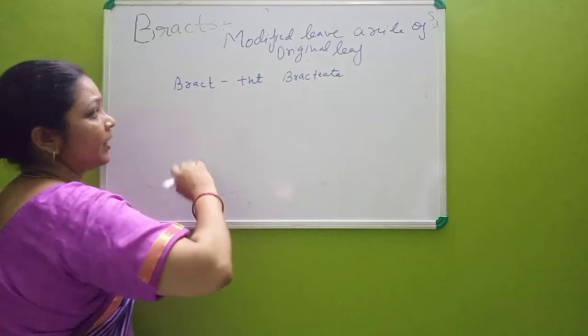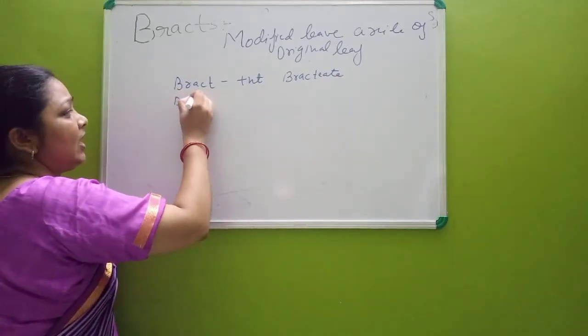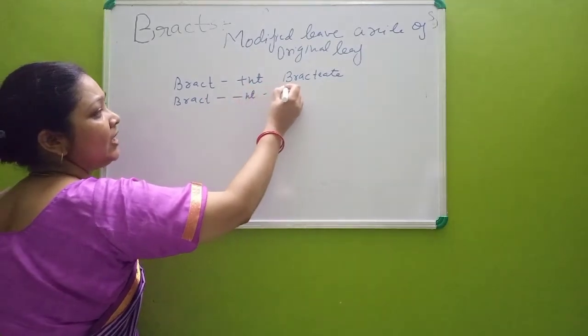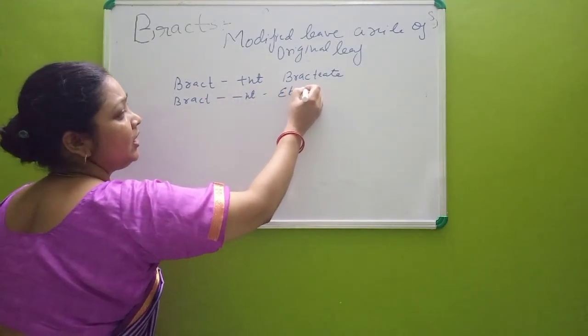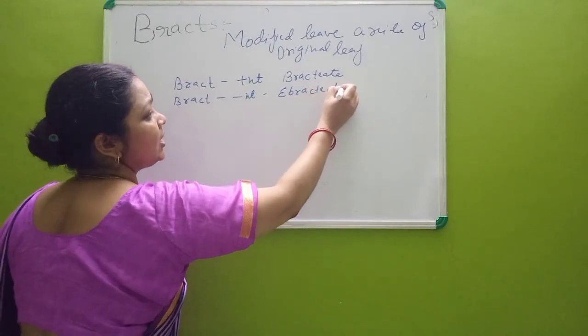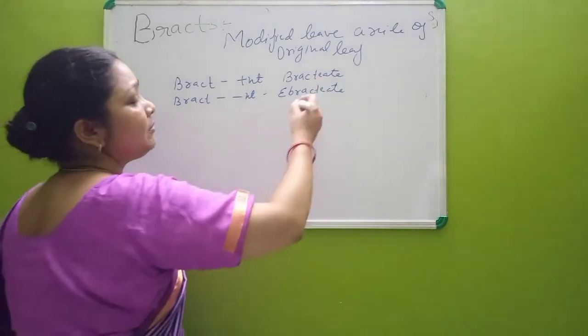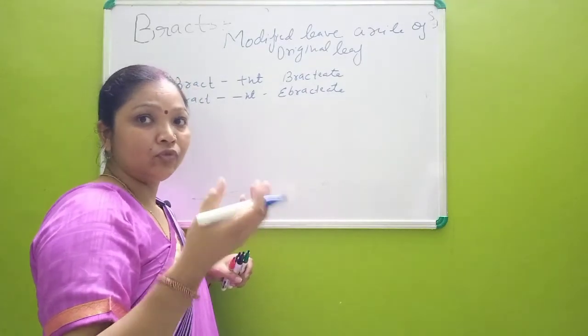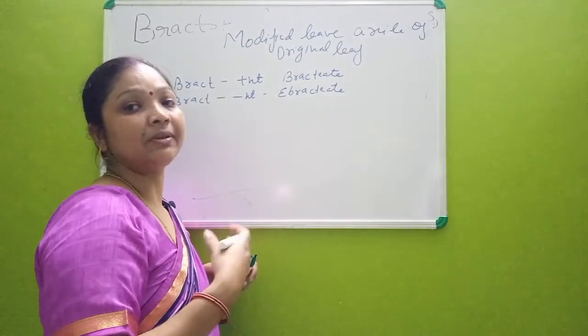Bracteate flower. And if this bract is absent, then the flower is called an ebracteate flower. And we have to know the symbols because we have to study the floral formula, where we use the symbol for this.